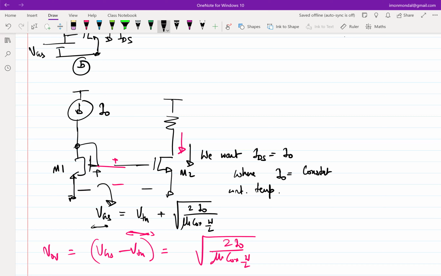No, right? Because ultimately, what's going to happen? If M1 and M2 are identical, can you comment on this current and this current? Let's say this is I1 and this is I2. What is the relationship between I1 and I2?